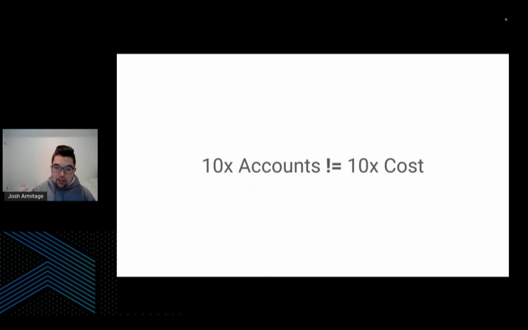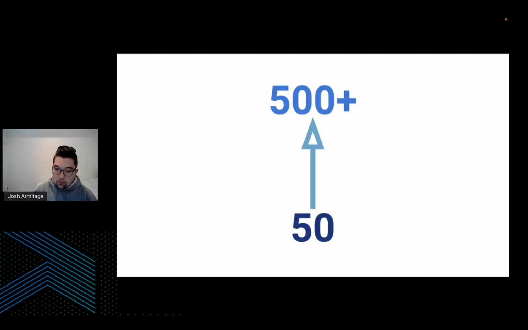You're chasing this sublinear scale factor. So can you keep it so that when you go to 10 times the accounts, you only have to increase the team by half, maybe? That starts to get a lot better. This is a key principle in site reliability engineering as well, this concept of sublinear scale at platform.